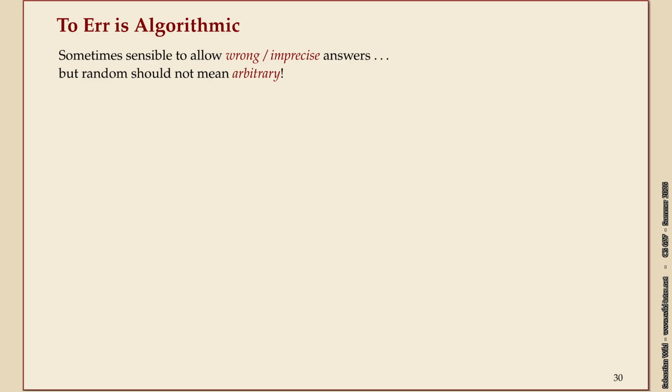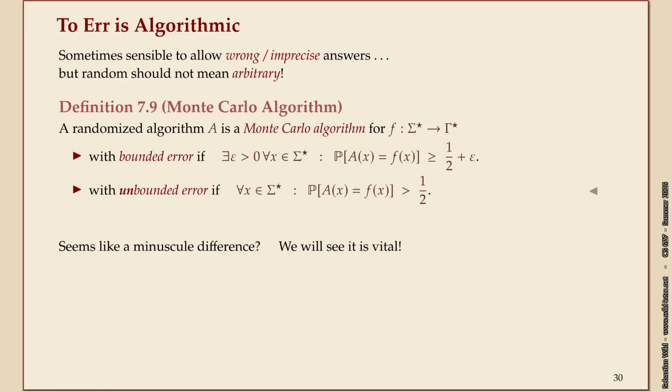Now, the full power of randomization may come only at the expense of accepting wrong outputs. So far, that's unclear. It's just a claim, but to set the stage, let's do the definition for that case too. It might be much easier to allow a randomized algorithm to output something wrong, and we just don't want that to be arbitrary so that it's still useful.